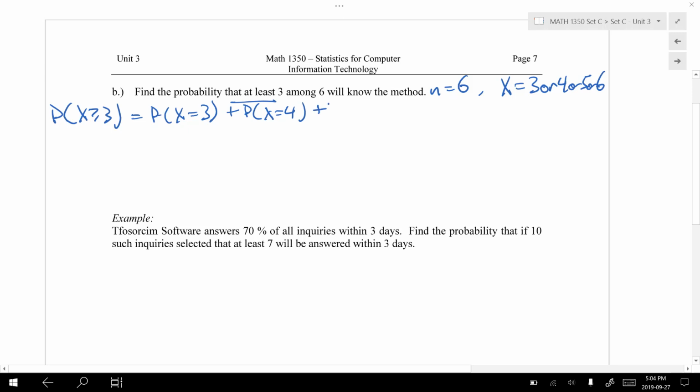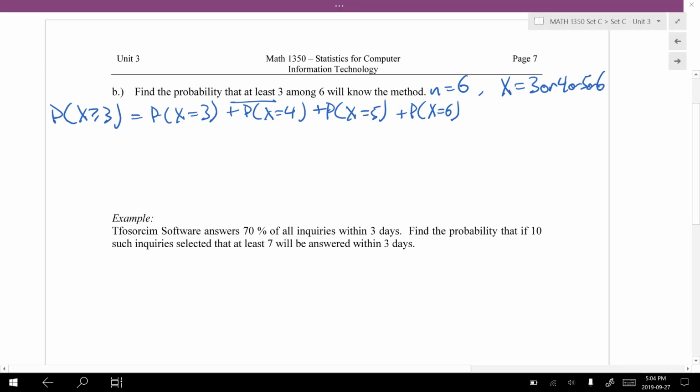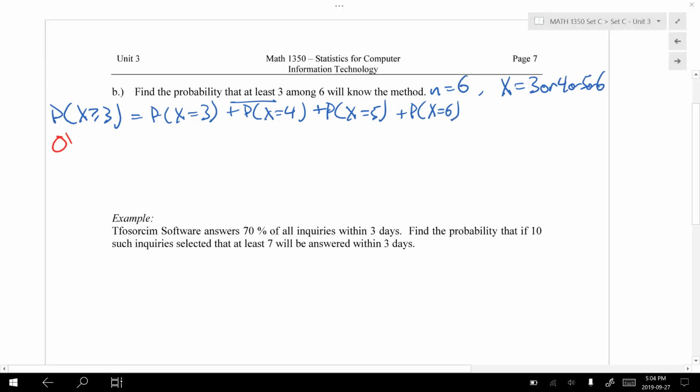We would use the formula once for each of them, and then add them all up as such. A slightly faster alternative here will be to flip it on its head using complements, as we've seen, to instead take 1 minus the probability of getting less than 3. That would be either 0, 1, or 2. So we're reducing the number of computations we have to do, which is a handy thing sometimes.